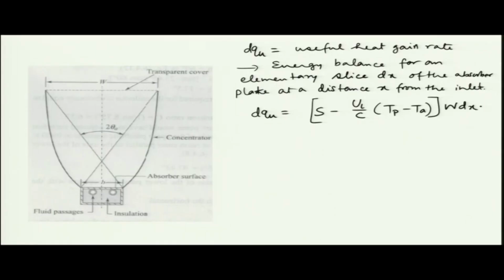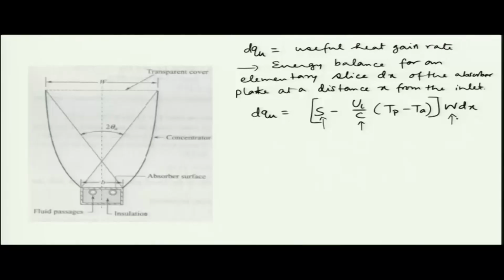And this is multiplied by aperture width W into dx, because this S is per aperture width. So, everything we have taken, even the UL, which is the effective loss coefficient, that also we are taking in terms of absorber width or absorber plane.